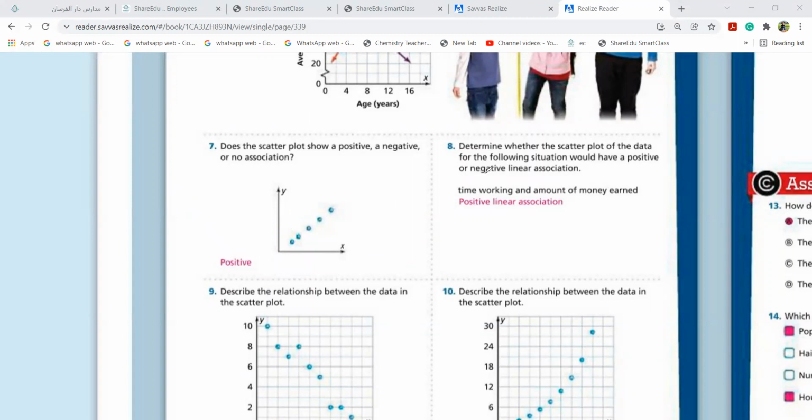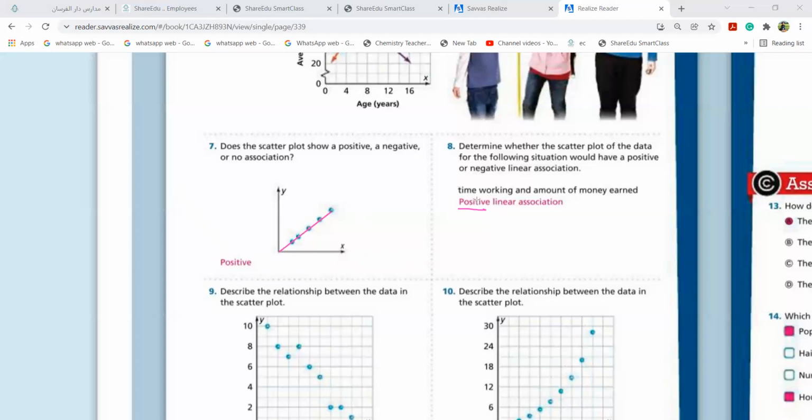Question number 8. It is positive, but how about the association? It is called linear association. Positive, linear. Why is it linear, girls? Because it is a straight line. Now this answer goes with you, Lamar. Because it is a straight line, it is linear.